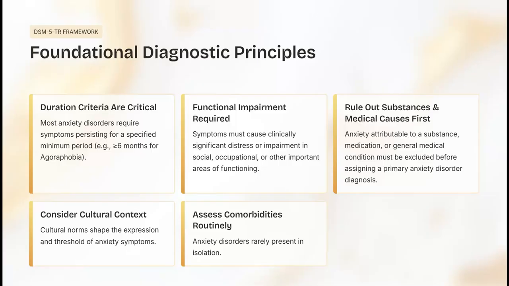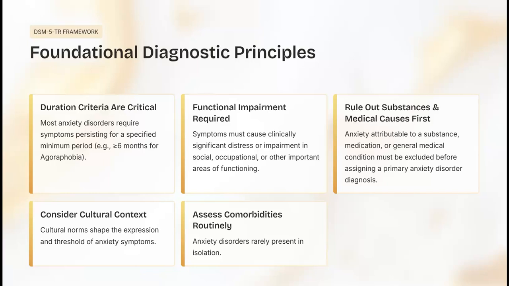So duration and criteria are critical. Most anxiety disorders require symptoms to persist for a minimum period, like 6 months. And that helps you to distinguish that disorder from a transient distress. Functional impairment is required, so symptoms must cause clinically significant distress or impairment, not just subjective discomfort.